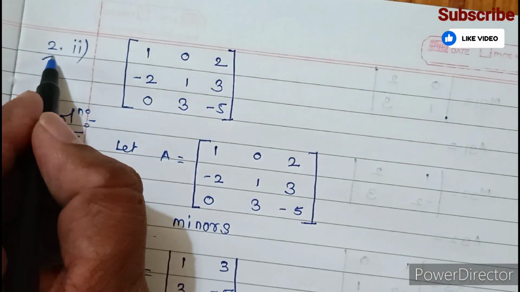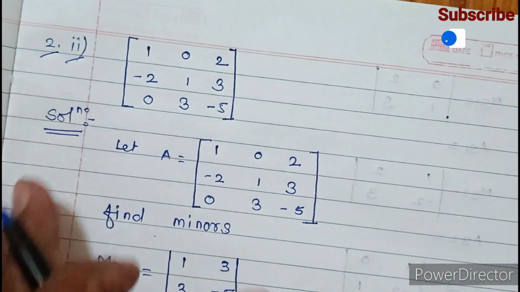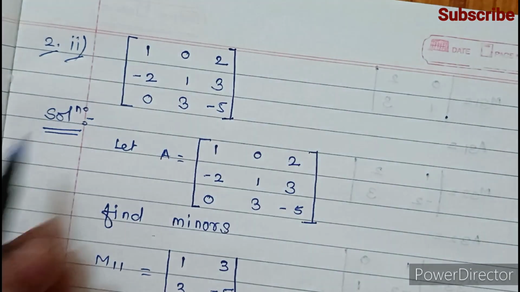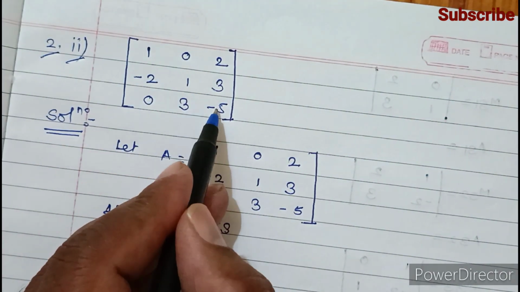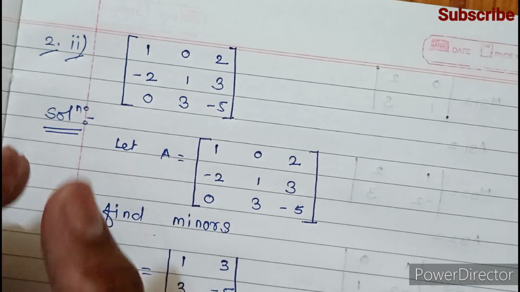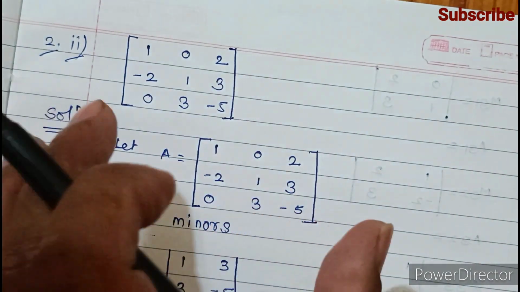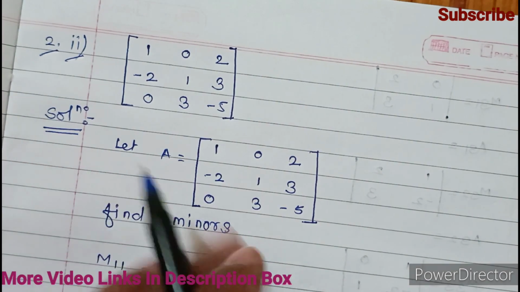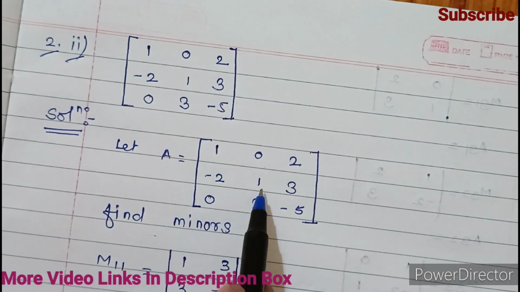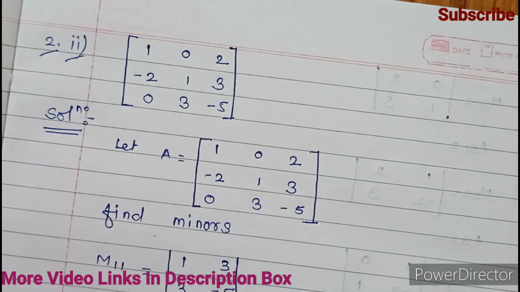Next question, question number 2, sub question 2, the given matrix is 1 0 2, minus 2 1 3, 0 3 minus 5. In the solution part, write down the matrix as it is. Let us assume that this matrix be A equals to 1 0 2, minus 2 1 3, 0 3 minus 5.